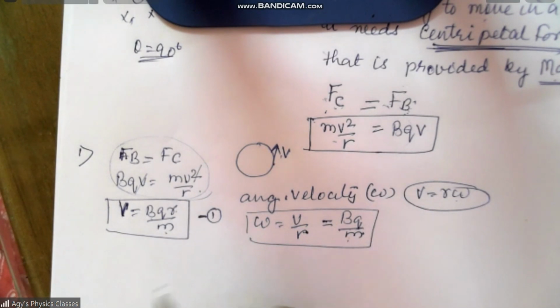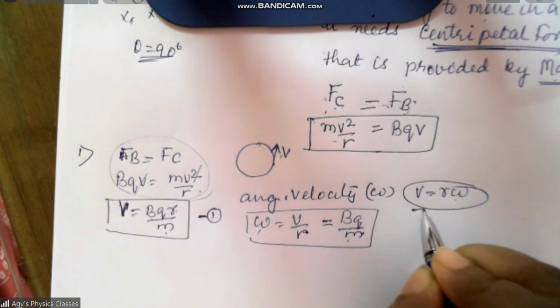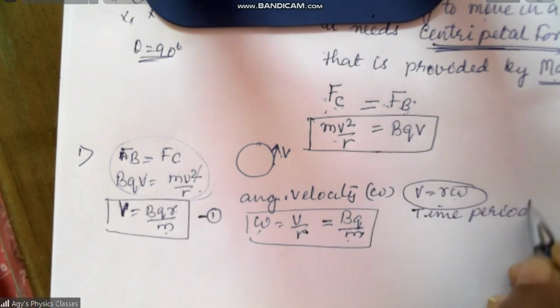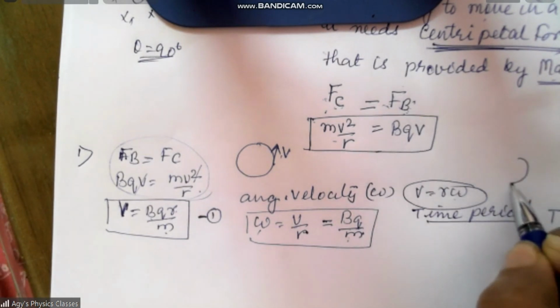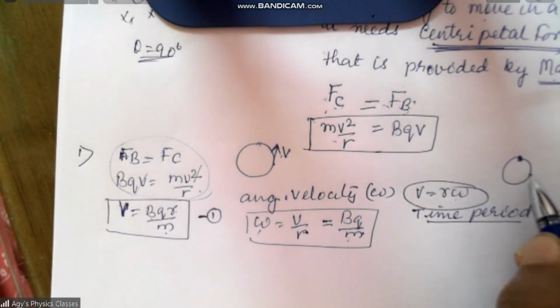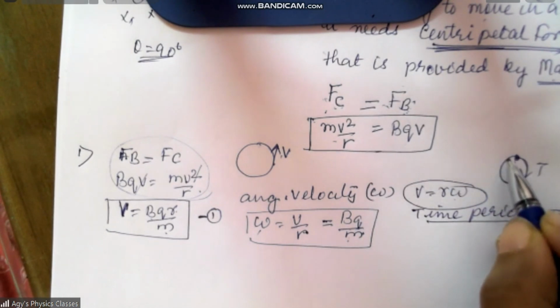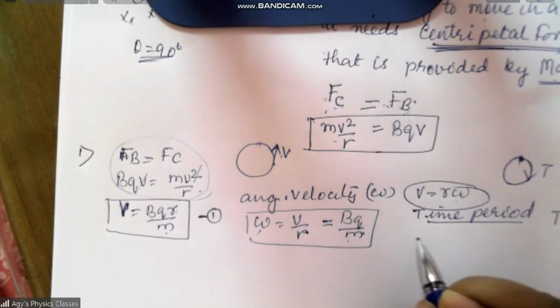If you know angular velocity, third, you can find the time period, capital T. What do you mean by time period? Time taken to make one oscillation, the time to complete one oscillation. What is the formula?